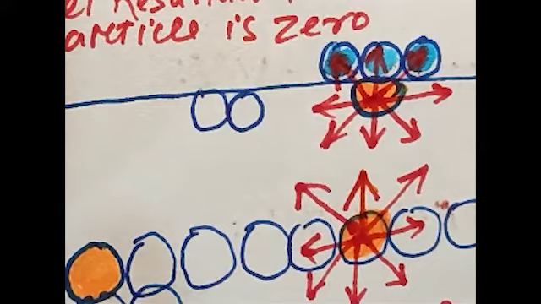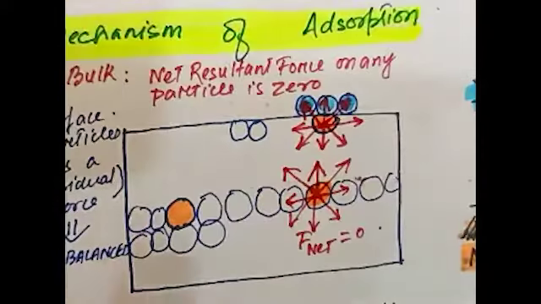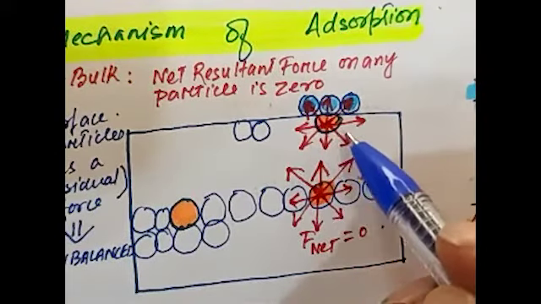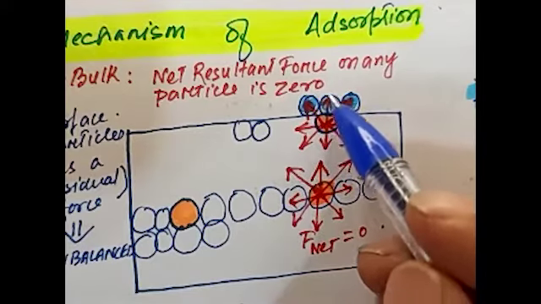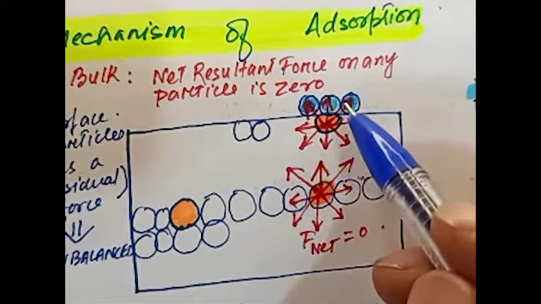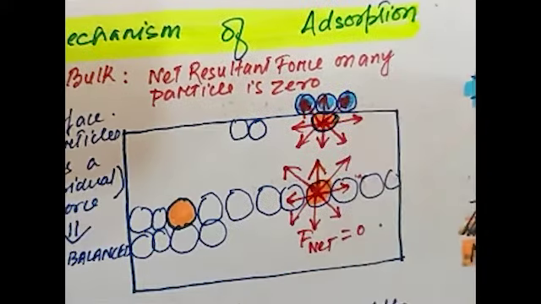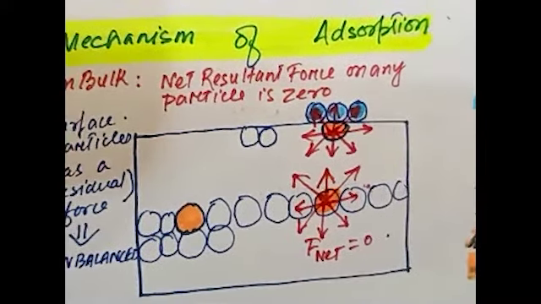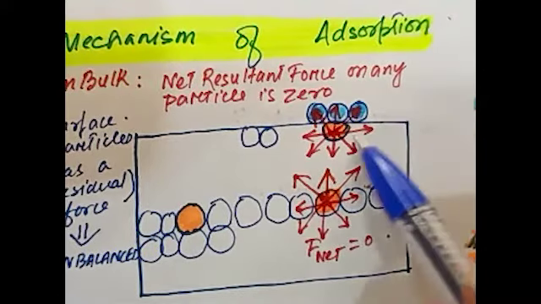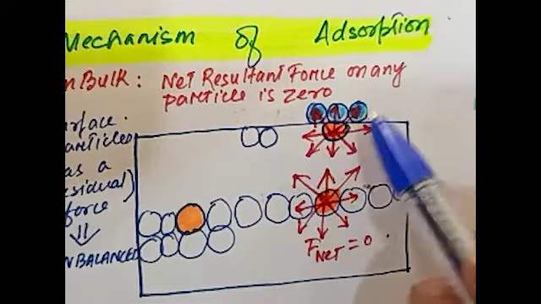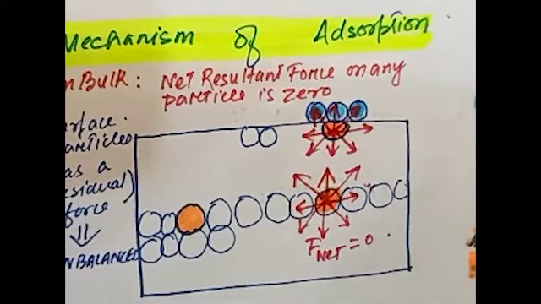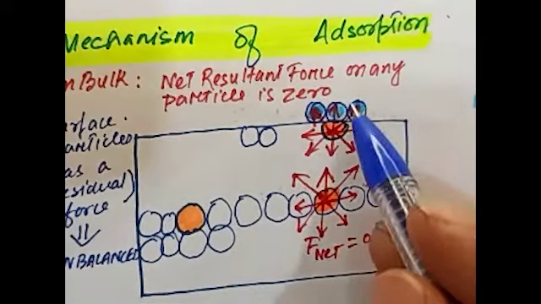Did you understand? So what can be written is that the downward residual force is balanced by the upward force produced by the gas particles, or any particles which got stuck on the surface.